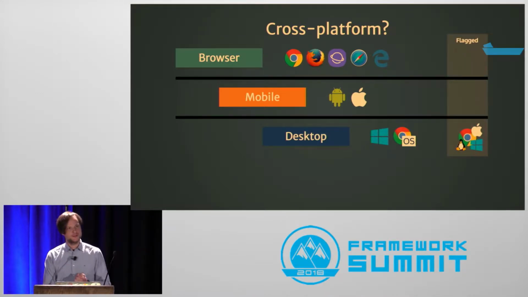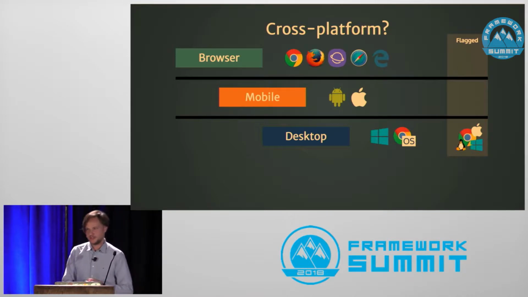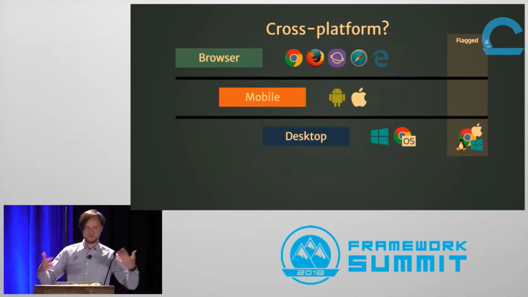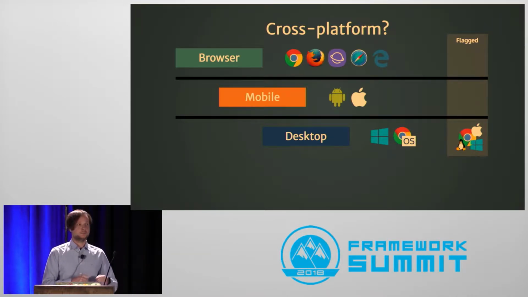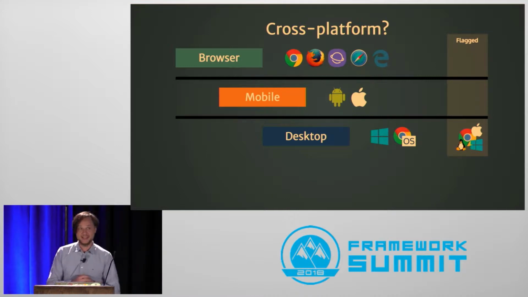Desktop operating systems love progressive web apps. On Windows 10 and Chrome OS, progressive web apps, so our web apps, are first-class citizens for the platform itself. And also, using a special flag, you can install your web app as an almost native app on other operating systems like Mac, Linux, and Windows again from the Chrome browser.